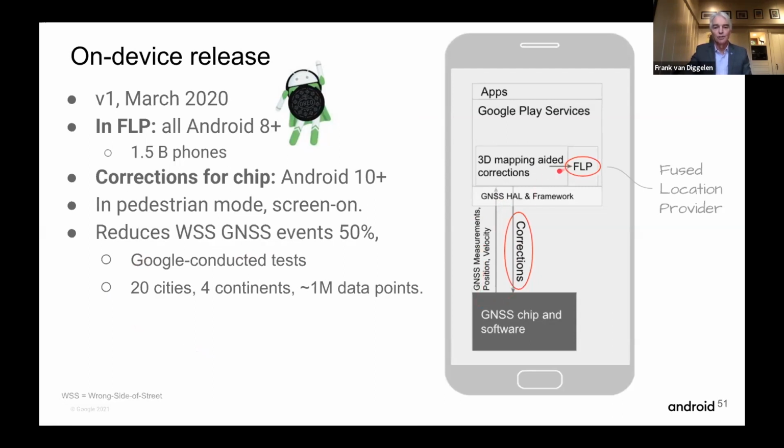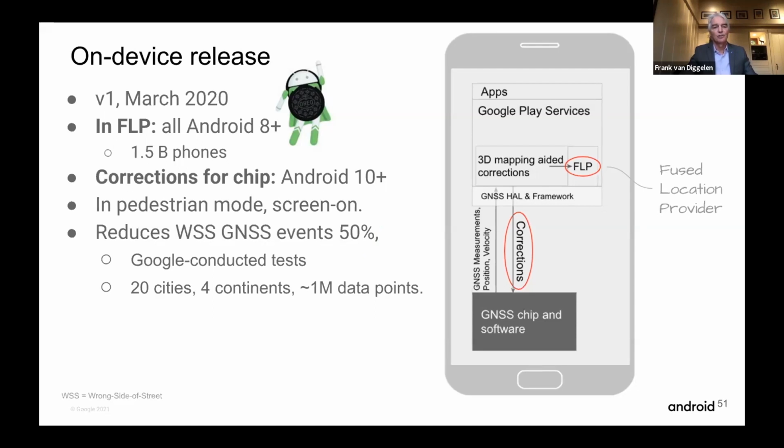And then we also fuse the results in the fused location provider, which is the part of Android that gives you the combination of GNSS, sensor inputs, Wi-Fi, and so on. And by doing this, this was on all Android phones of version 10 and beyond. And this reduced wrong side of street events by 50%.